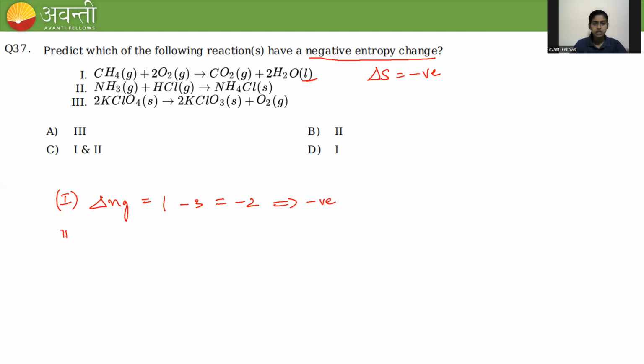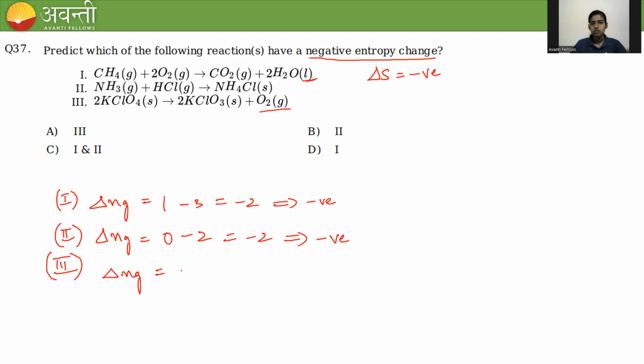And coming to the second reaction, the product is a solid. So for delta ng, the number of moles of gaseous product is 0 and the reactant is 2. So we have 2 moles of reactant in the gaseous phase. So it is minus 2. Again, it is negative. Then coming to the third reaction, we have only one gaseous product.